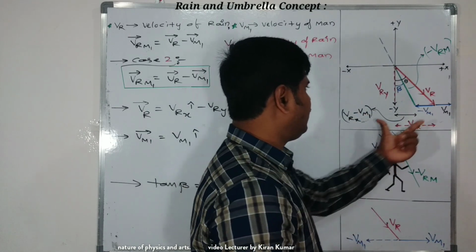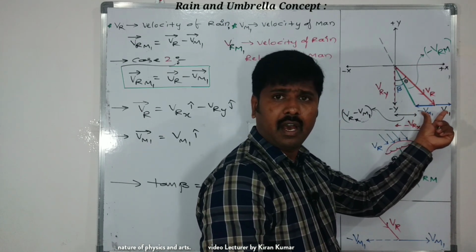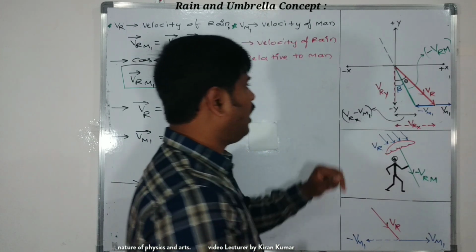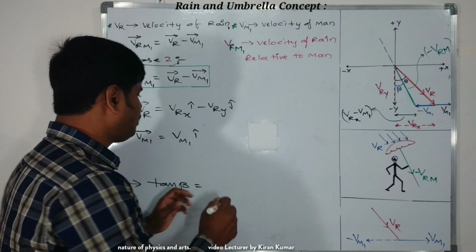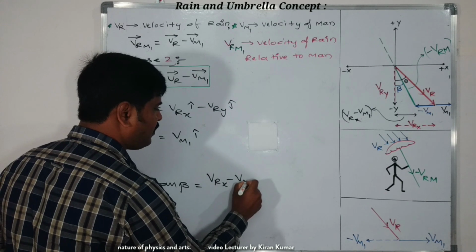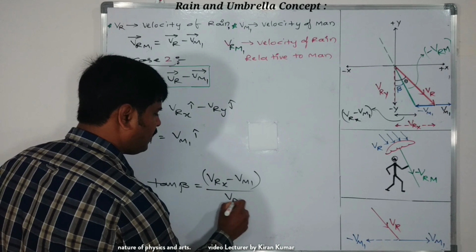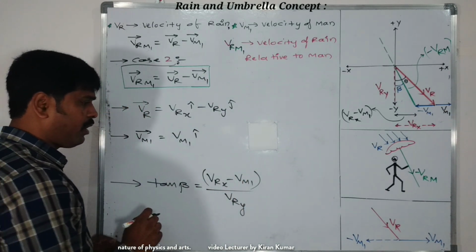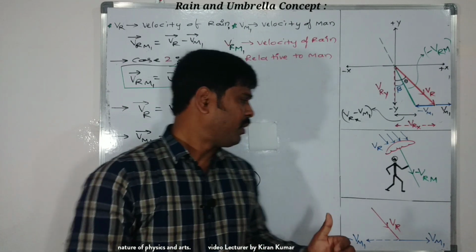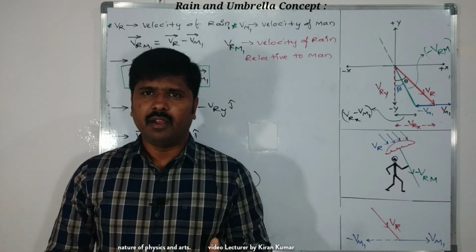See, this distance is Vrx and the lesser value is Vm1, so the resultant value is Vrx minus Vm1. So tan beta is equal to Vrx minus Vm1 divided by the adjacent side, Vry. So we can write beta as tan inverse of Vrx minus Vm1 divided by Vry.